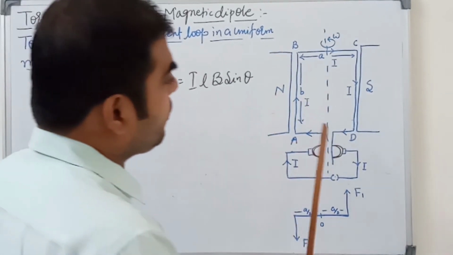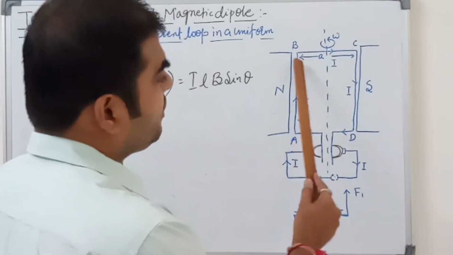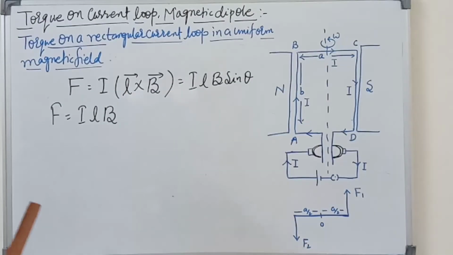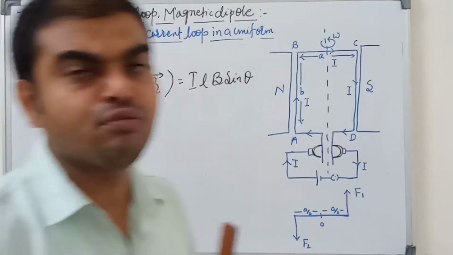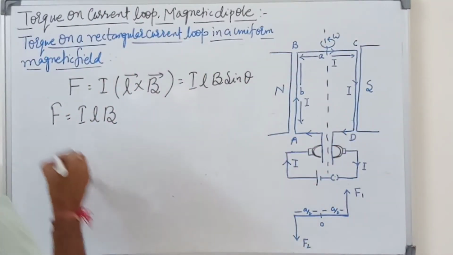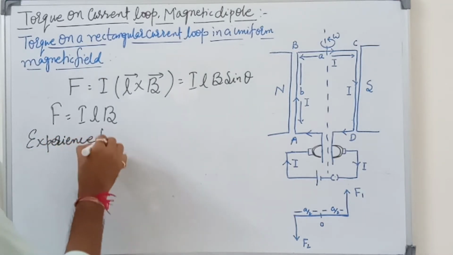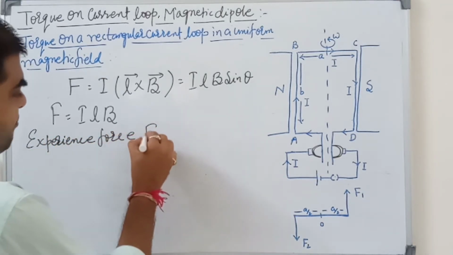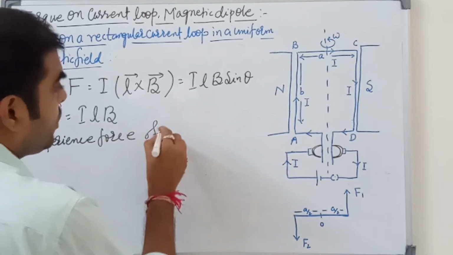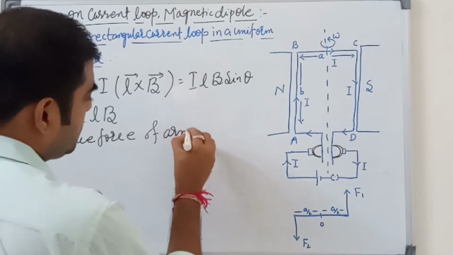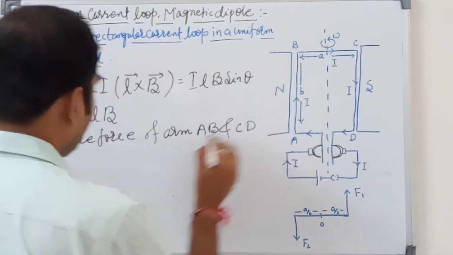Here is the rectangular coil, here is the area, with length b and width a. So you are putting it there. Now new forces are created there, it is called the experienced force. The experienced force is F1 on arm AB and F2 on arm CD.